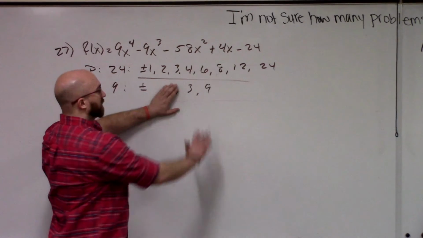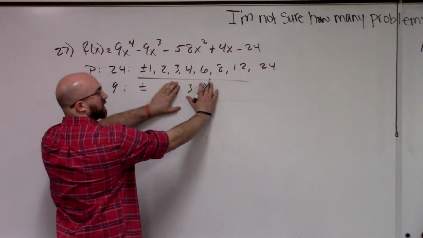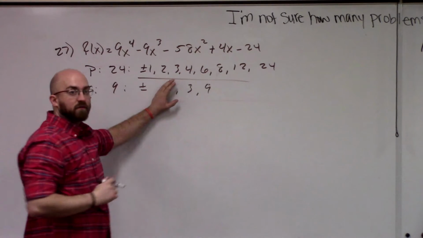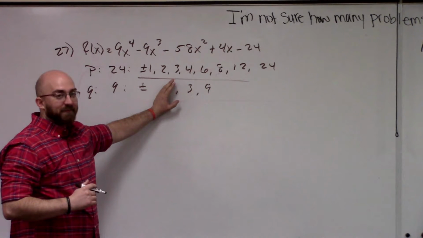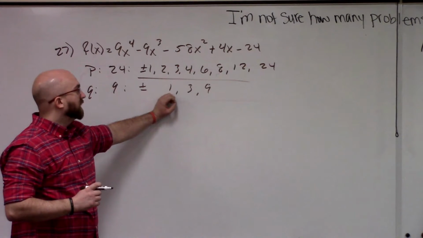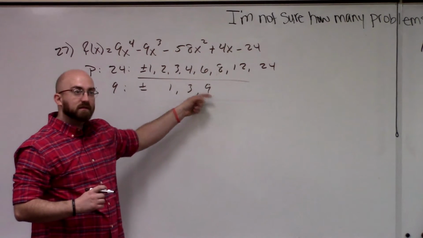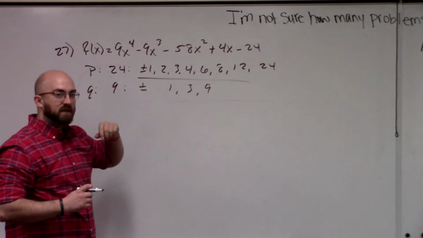Then 1/3, 2/3, 3/3, which is 1, 4/3, 6/3, and so forth. So we can use any of those for some credit? Yep. You can't just pick 9 though. 9's not one of them because it's not one of these solutions. Does that make sense?